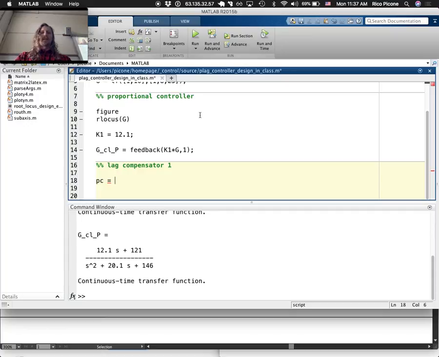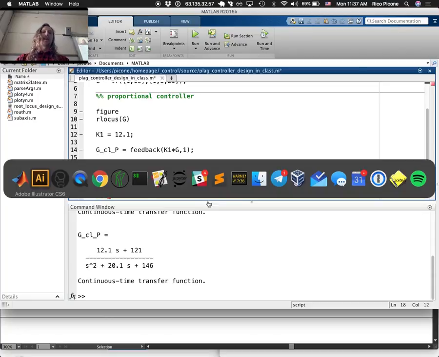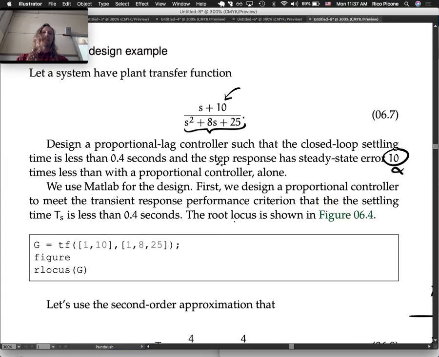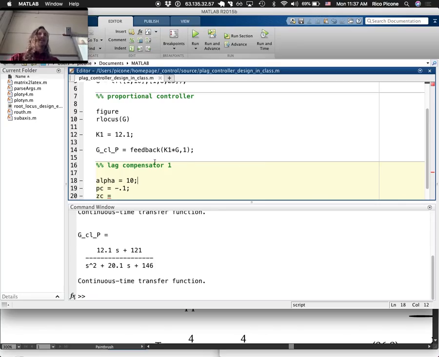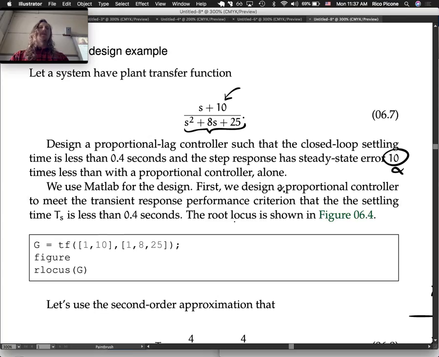So let's say we'll do a PC of -0.1, which is pretty reasonable because we're about to multiply it by 10, right? Because our alpha is 10. So I'll define that: alpha equals 10. And remember, that came from our steady state error improvement requirement. We didn't look at the steady state error for this proportional controller, but we know that it's some finite value, right?